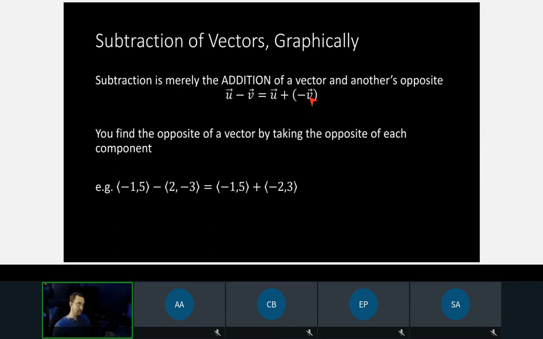So make sure you distribute that negative first before trying to graph it. And yeah, you just distribute that negative. So it becomes -2. This becomes +3. We did a couple examples at the beginning of this lesson.